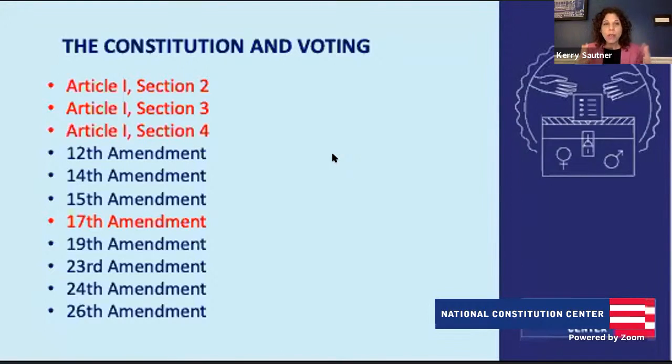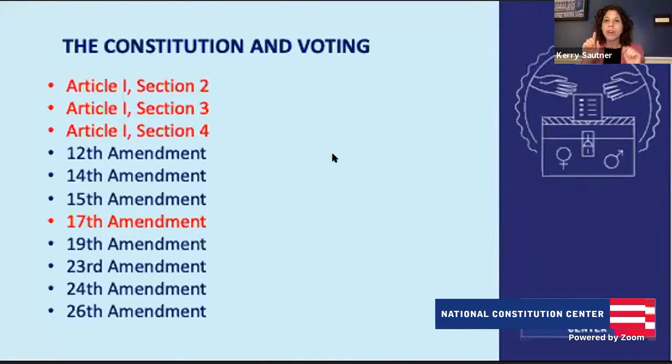It's so funny when I look at this list, and I know we're going to walk through all the amendments, and we think of the statement that voting isn't guaranteed by the Constitution, but like you said, there are a lot of moments in the Constitution that reference and talk about voting. And I think it's really interesting for our students to remember time, place, manner, because those three words you'll hear a lot from us depending on what part of the Constitution we're talking about.